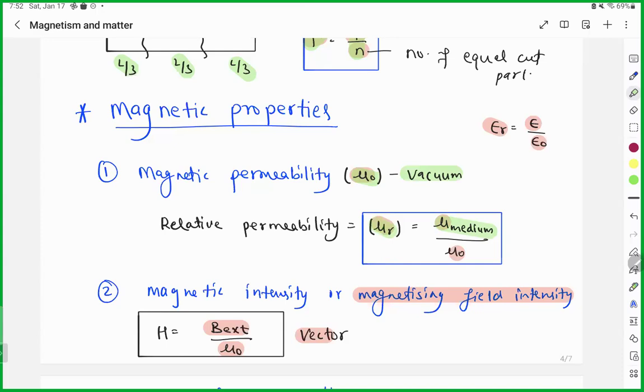What is the other name of relative permittivity?